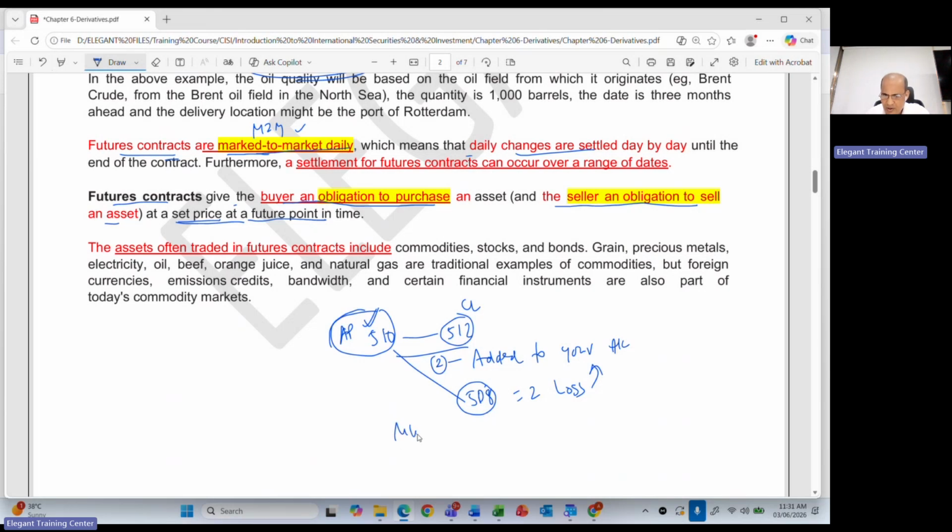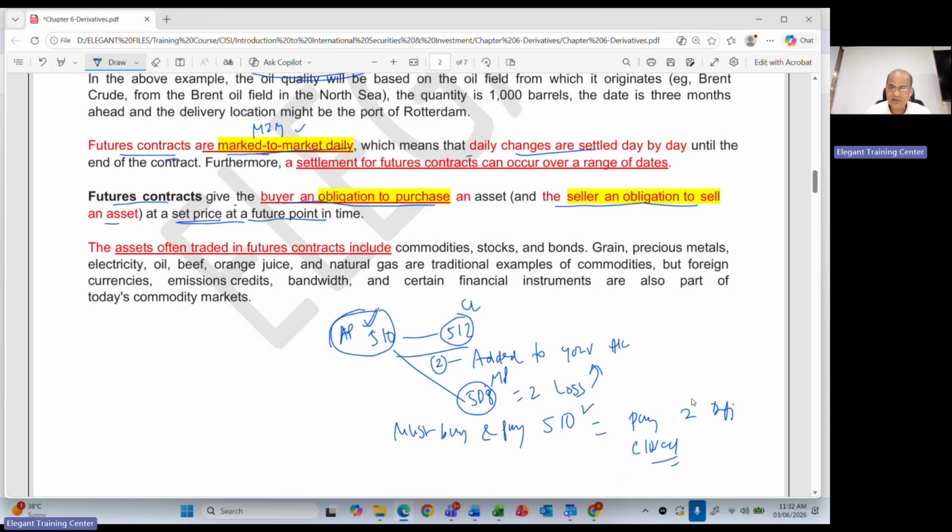You must buy and pay 510, even though the market price is 508. It's a loss to you, but you have to take delivery. Either you take delivery, pay 510 and take the gold worth 508, or you can pay the difference. That's called closing out, right? So when you don't take delivery, that's called closing out.